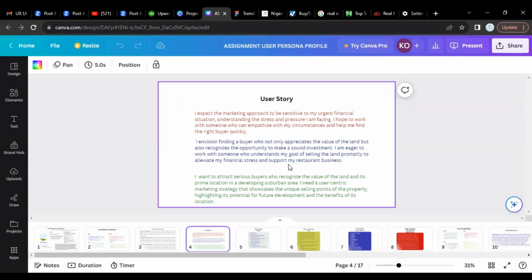He also wants to attract serious buyers who recognize the value of the land and its prime location in a developing suburban area. He also needs a user-centric market strategy that showcases the unique selling points of the property, highlighting the potentials of the features, the future development and the benefits of its location.